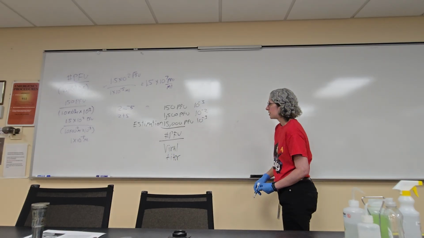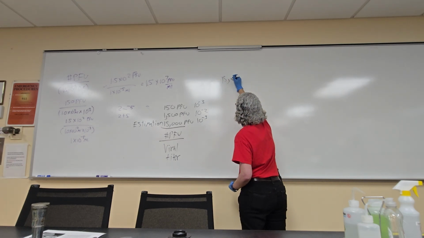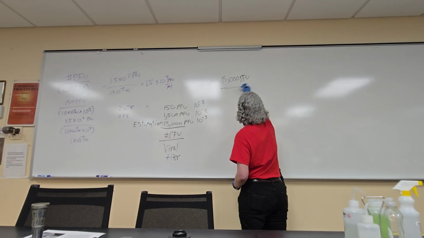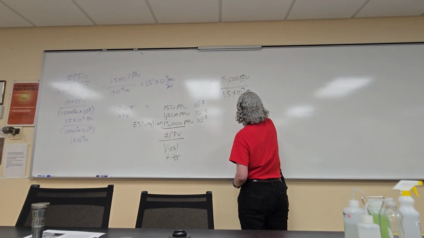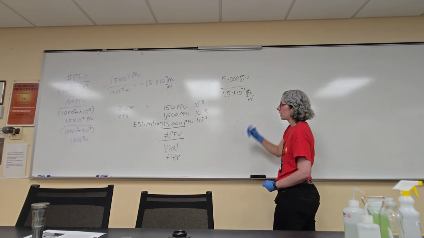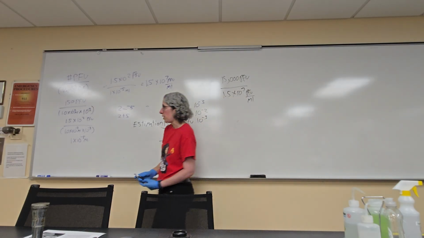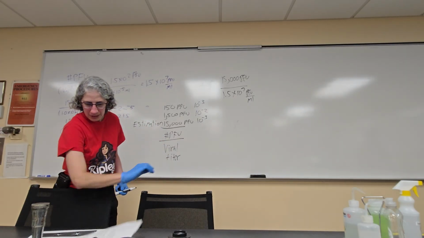So in this situation, we need 15,000 plaque forming units, and we're going to divide that by our calculated 1.5 times 10 to the 7th PFU per mil. And you'll see that the plaque forming units will cancel out, and we're going to be left with the mils.